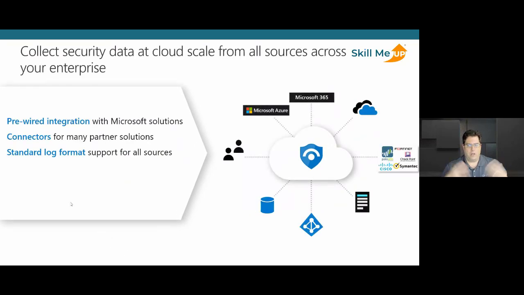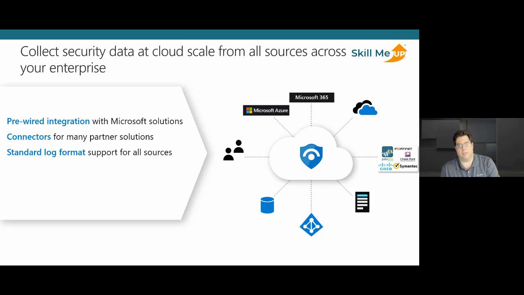And really, all of these sources, and we've mentioned the Microsoft 365 services coming in for free, connecting those data services. You've got Azure Active Directory. It's pre-wired for all of those Microsoft native cloud services, so you can tie all of that in very quickly and easily. It also ties to AWS CloudTrail and the Google Cloud Suite for GCP.